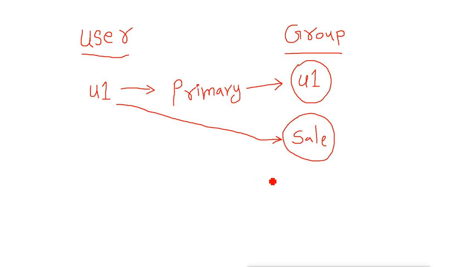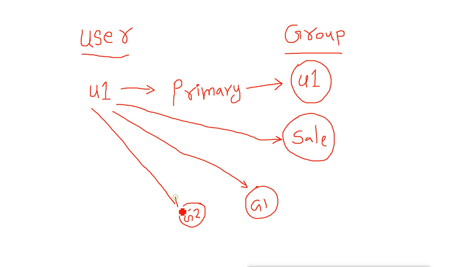For example, I will make one more group, G1, G2. Now this user can be a member of all these groups, but only one group is the primary group for this user.